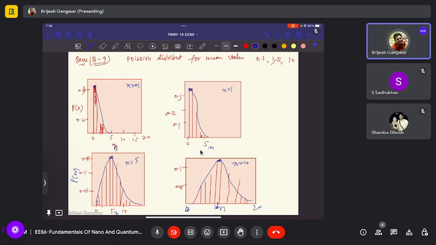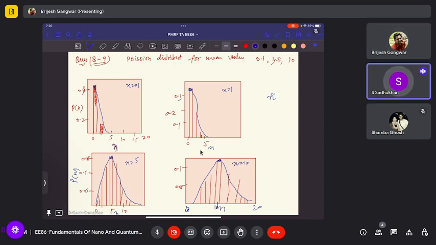Peak value at n bar, because if you say 10, so what is the n bar?